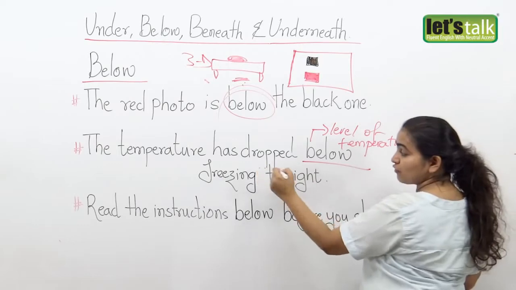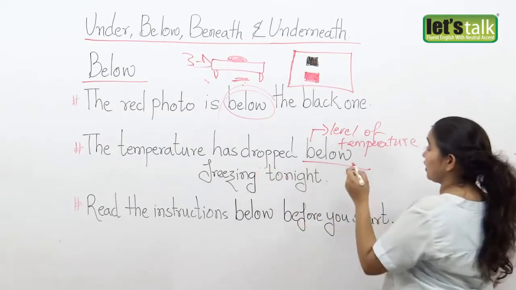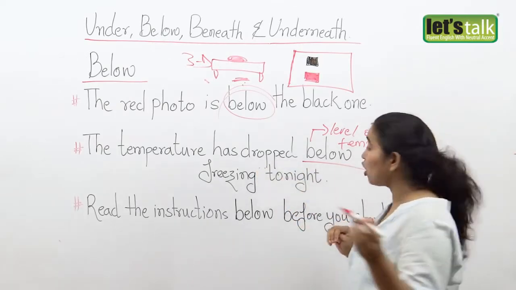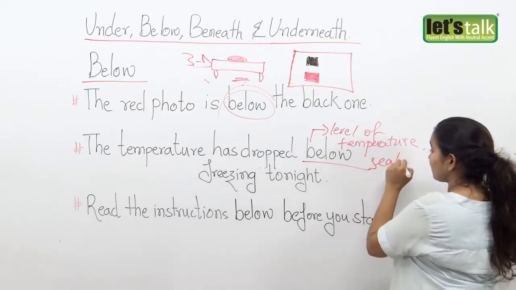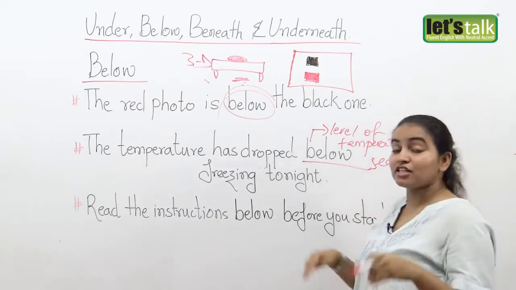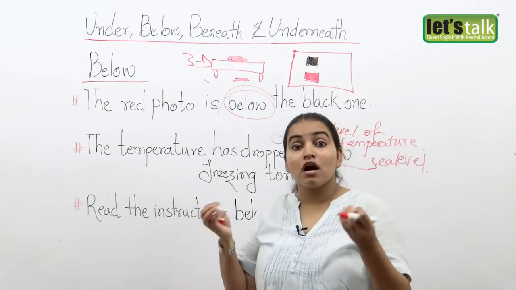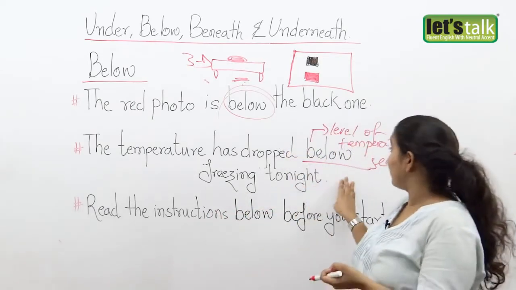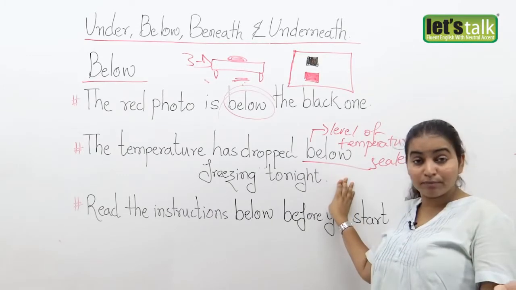So I've talked about the level of temperature being below freezing point. Maybe I want to talk about the sea level. So I can say that the diver went 100 feet below sea level. That's quite possible.